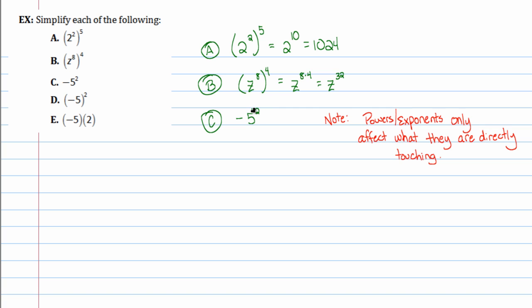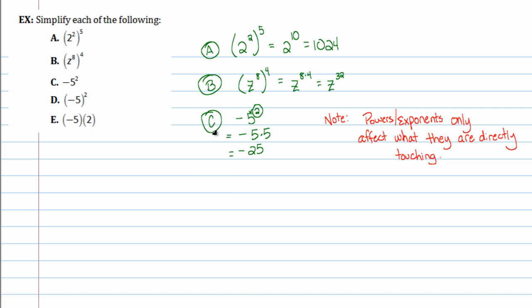So if I look at this exponent right here, it is only directly touching that 5. So that exponent is saying, hey, I have, let me write this negative out front, I have 5 times 5. 5 multiplied by itself twice. I better not write a parentheses, that might get confusing. So it's a 5 times 5, or in other words, a -25.